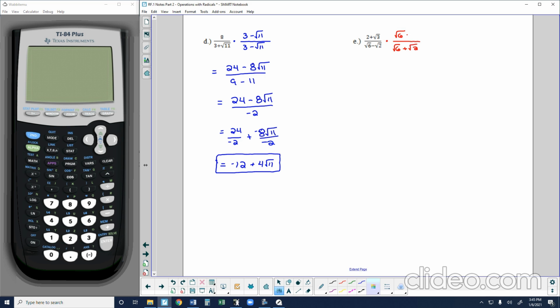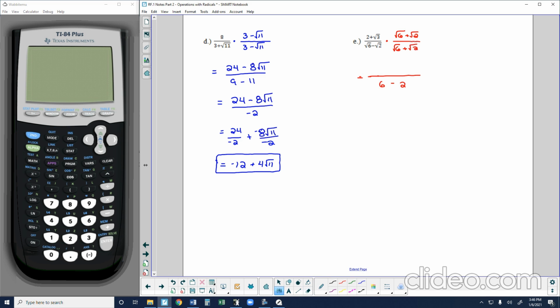So again, we've used the conjugate here. And I'll do the denominator first this time, because the conjugate would be the difference of the squares of each term. So the square of root 6 would be 6, the difference. The square of root 2 would be 2. In the numerator, I'd have to do a little bit more work here, because both of these are binomials and they are not the difference of two squares.